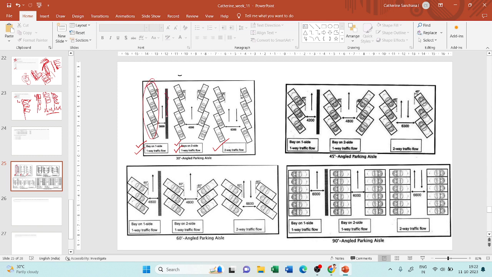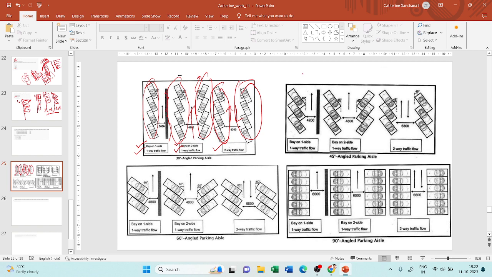This is the end of the road. Okay, here the parking bay is on two sides and vehicles are allowed to travel in the center, but it is a one-way traffic. Here the parking bay is two bays, and the vehicles traveling are two-way traffic. Okay, so this is what they've given.